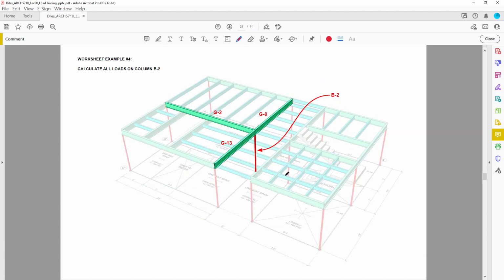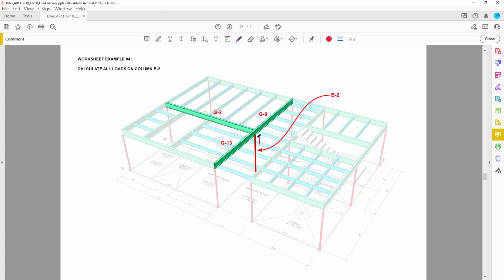Okay, so our next example, example 4, is asking us to determine all of the loads on column B2 and determine the column reaction at B2. So what we want to know is what are all of the loads that are coming into column B2, what are the loads from G2, G8, G13, all of these loads which are going into the top.